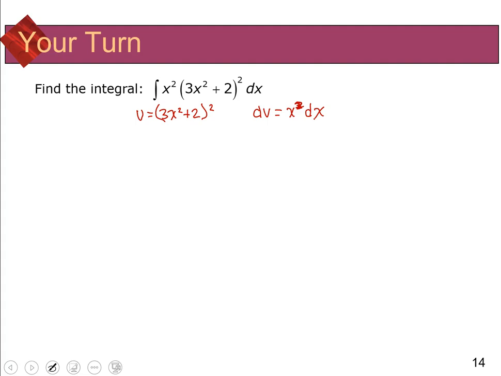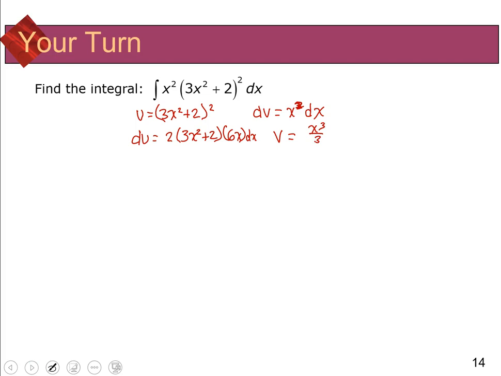So let's get into this. Du would be 2 times, using the chain rule, 3x squared plus 2 to the first power times the derivative of 3x squared plus 2, which would be 6x dx. V would be x cubed over 3.